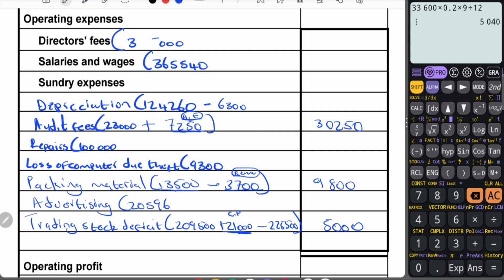Then after taking it out, we need to record the correct amount of depreciation. Then we are going to have 124,260 minus 6,300 plus 5,040. Then it's going to be 123,000 now. Yeah, this is our depreciation, and this one is the correct one now.